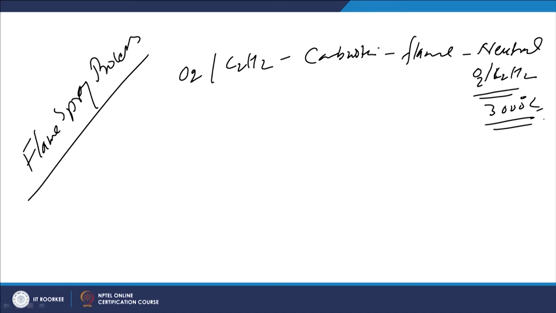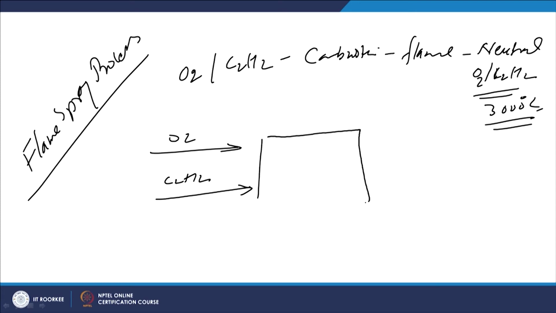So, for this purpose we have to feed oxygen and acetylene into a particular chamber where these gases will be mixed. So, a mixture of these gases will be obtained and then burned.